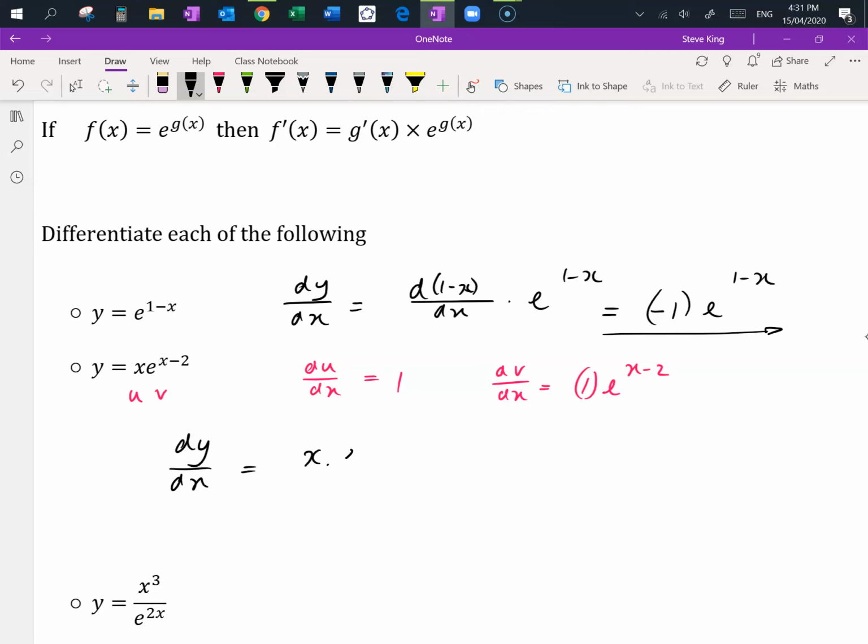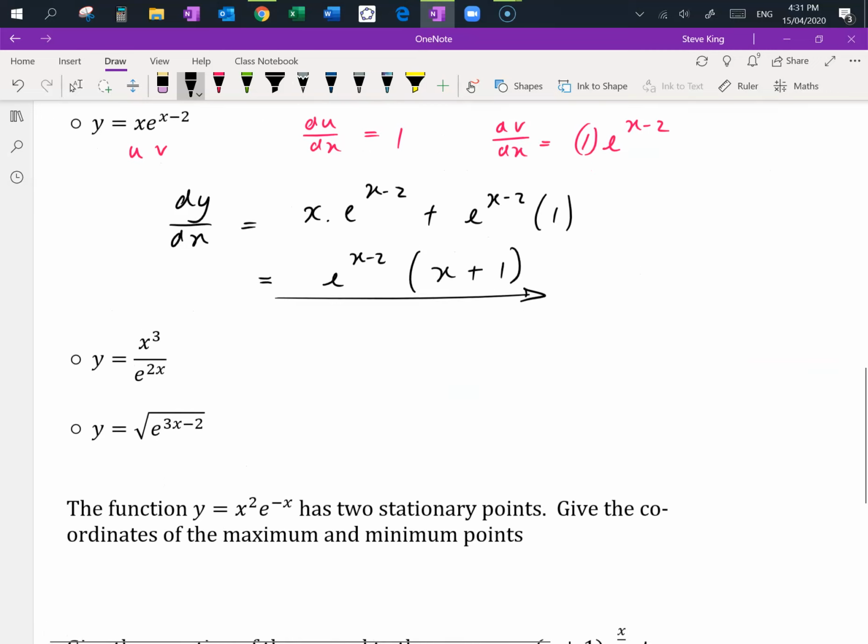So that's going to be e to the x minus 2, plus e to the x minus 2, times by the derivative of u, which is simply going to be 1. And you'll notice now that I have a common factor over here of e to the x minus 2, and I'm going to be left inside the bracket with x plus 1. There is my derivative of that product involving an e function.